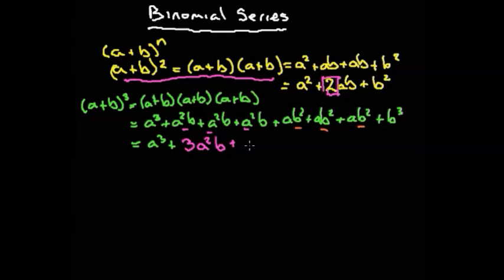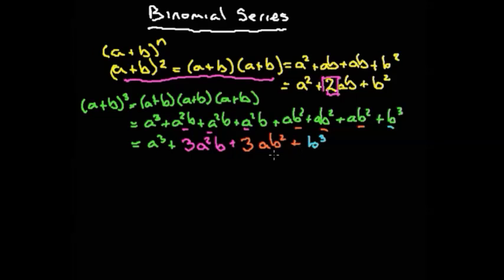So I've got ab squared 3 times, so I'll convert that to 3ab squared, plus there's this single one at the end here, b cubed. So I've got an a cubed, 3a squared b, 3ab squared, and a b cubed.